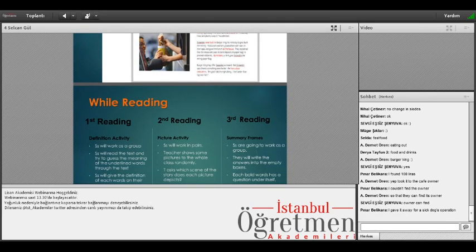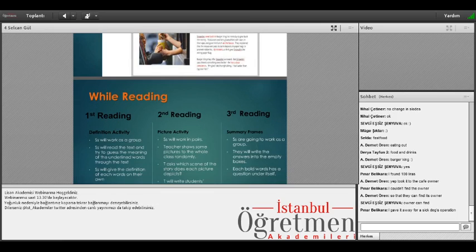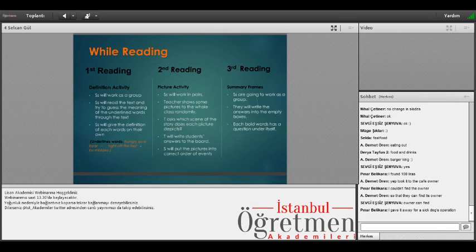Before we read, I can say that there are a lot of ways to read, friends. You can do loud reading or silent reading. For the first reading, students do not focus on the story, but they just try to guess the meaning of the underlined words through the text.